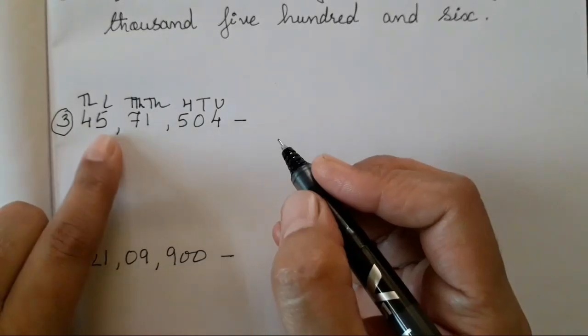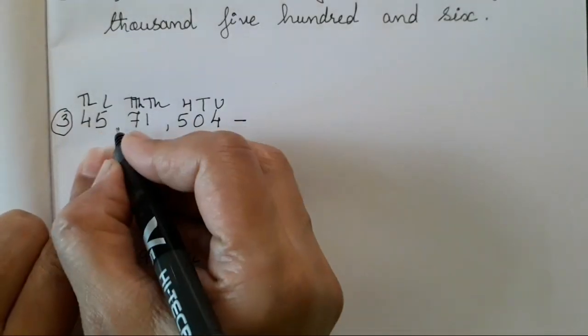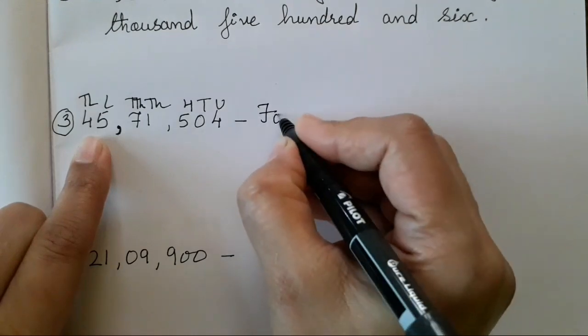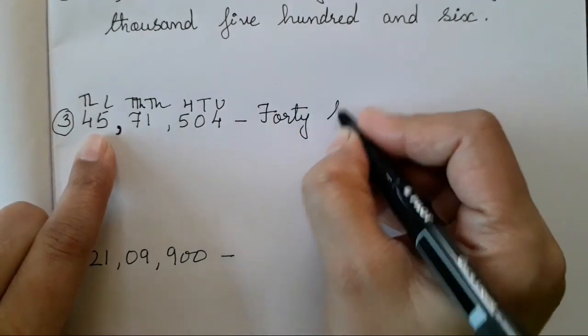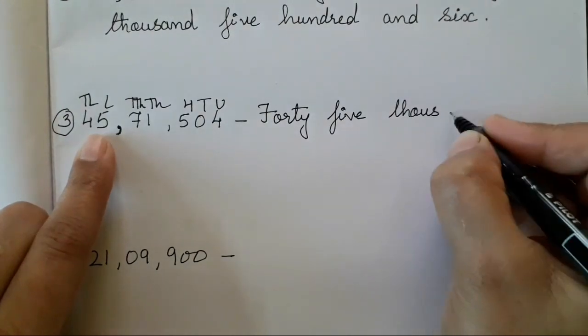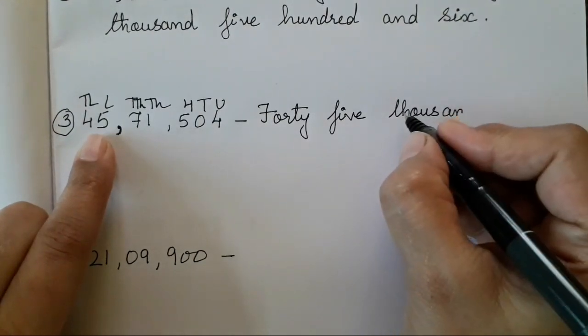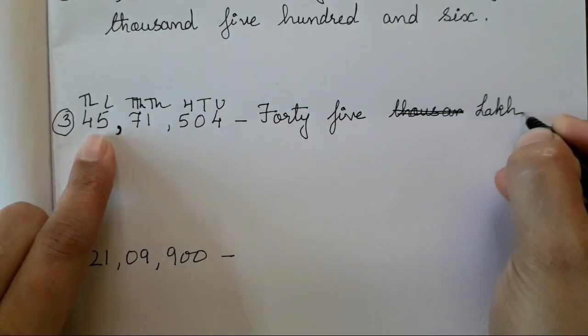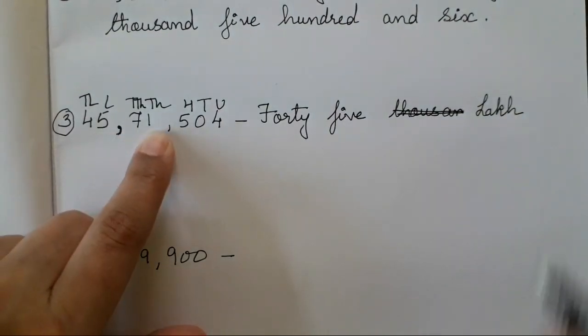Okay, so 45,000. Then we have put a comma over here. So 45 lakh, not thousand, 45 lakh, 71,000.